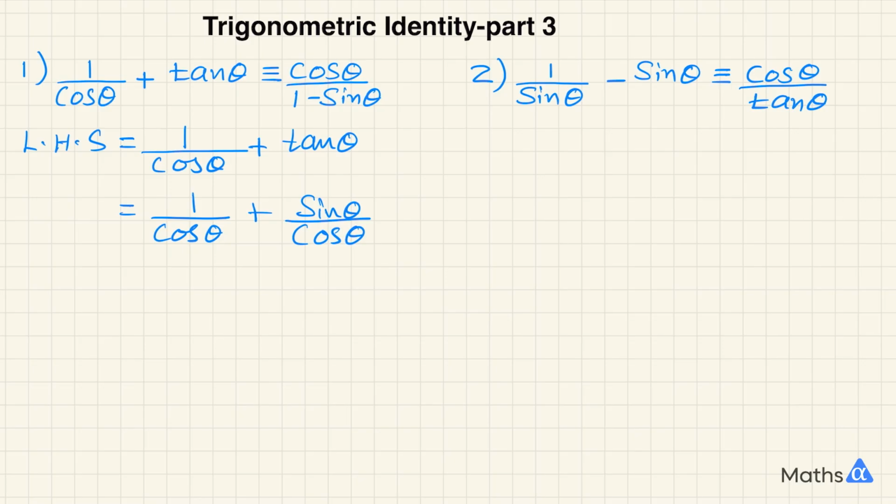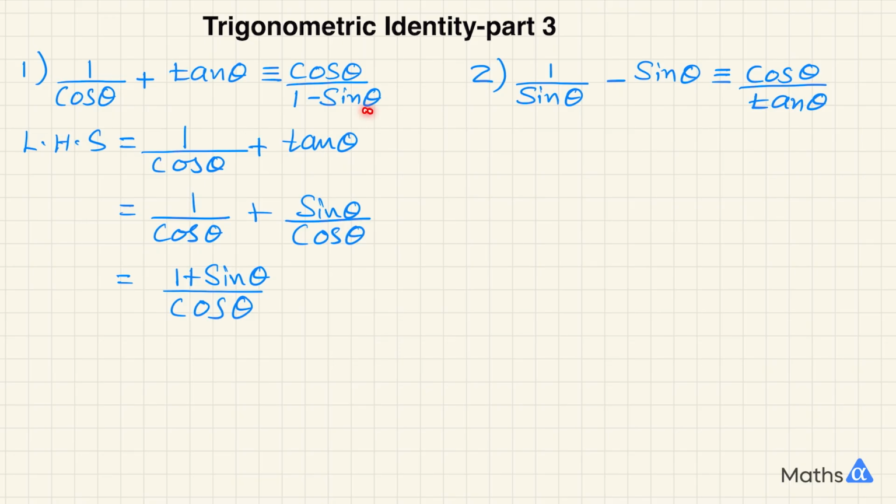Now we're going to add these two fractions together to get a single fraction. Cos theta is the common denominator, so we add the numerators together. You would get 1 plus sin theta over cos theta, right?